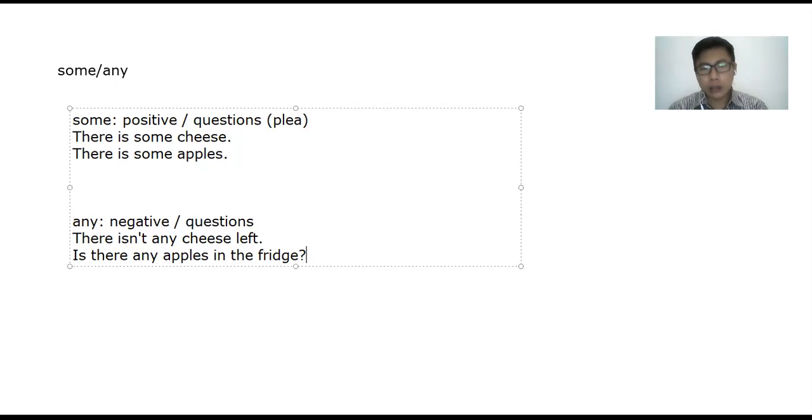So yes, this could get confusing sometimes, but just remember again, some is for positive and any is for negative or questions in general. But if you're asking someone for help, or if you offer someone help, you use some.